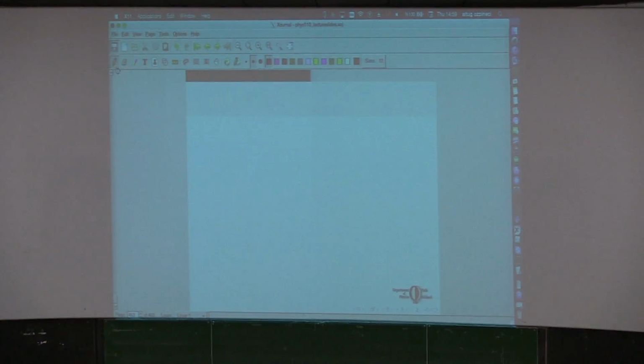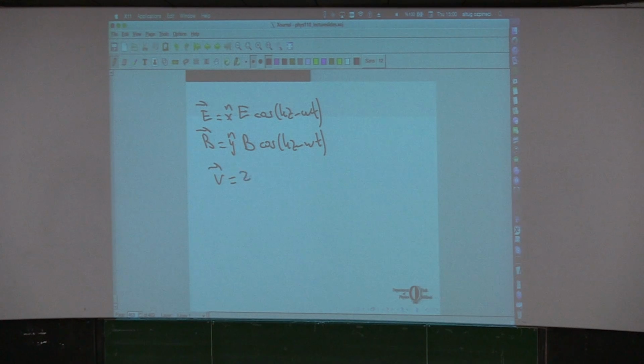The electric field will be in the x direction, the magnetic field is in the y direction, and the velocity of my wave is in the z direction, with magnitude given by omega over k.